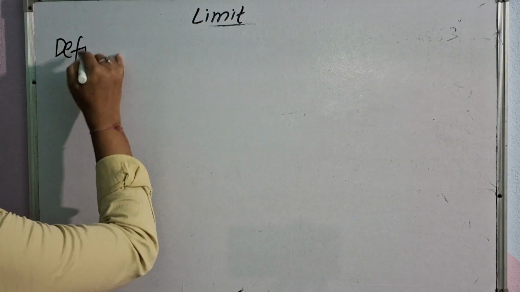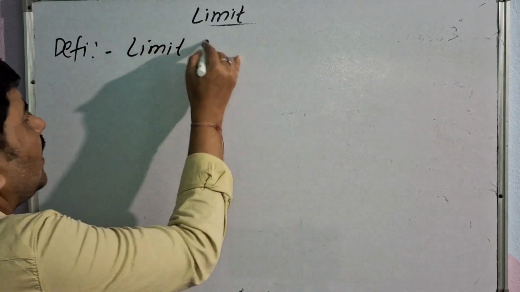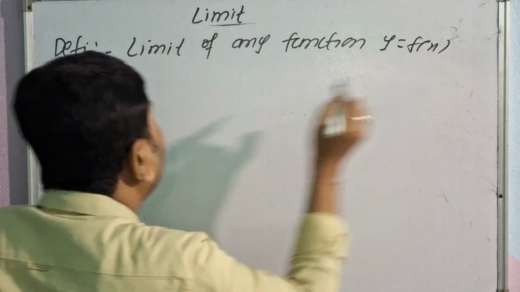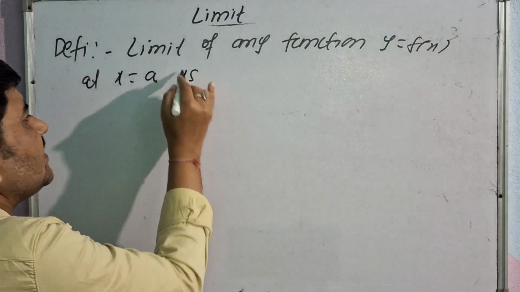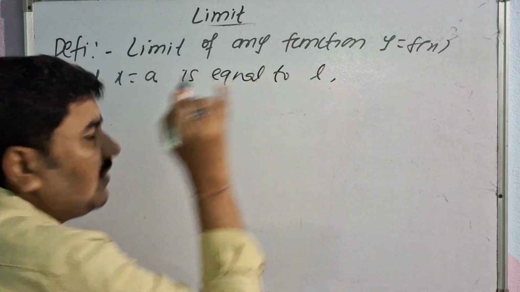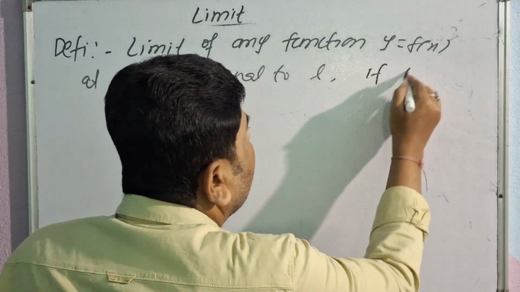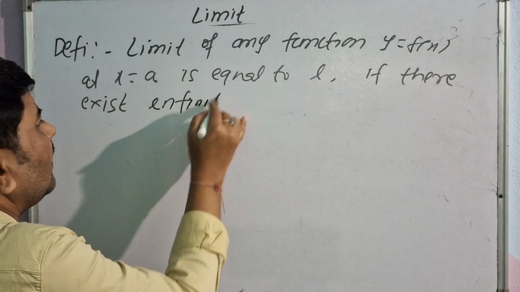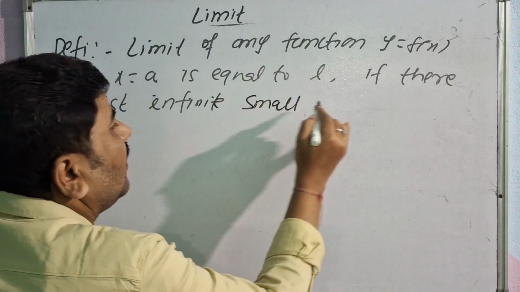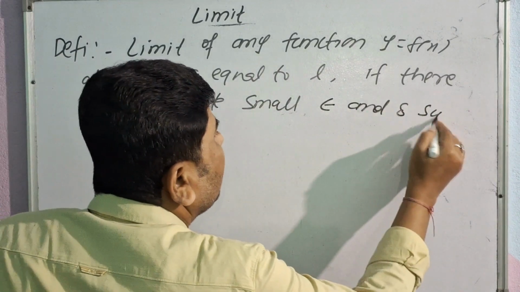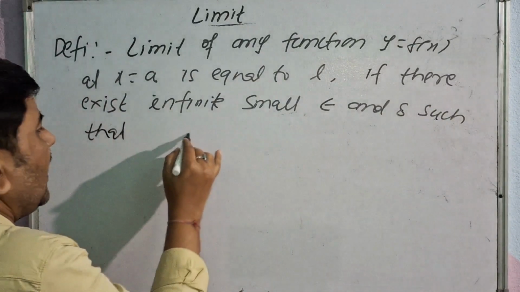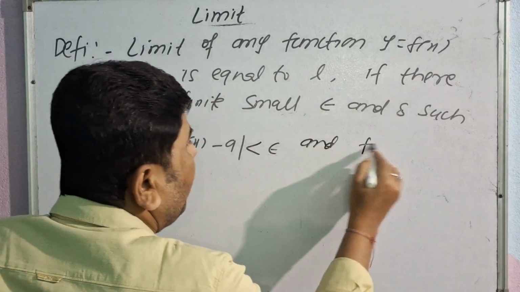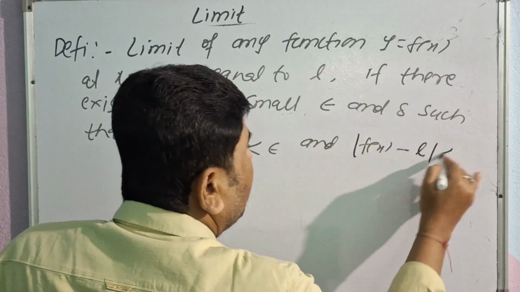Definition: the limit of any function y equal to f(x) at x equal to a is equal to L if there exist infinitesimally small epsilon and delta such that |x minus a| is less than epsilon and |f(x) minus L| is less than delta.